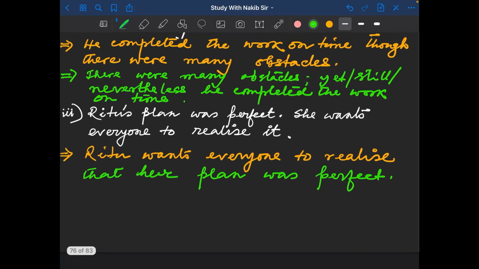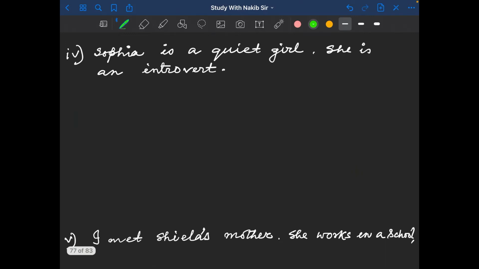Okay, now go to the next question. Sophia is a quiet girl. She is an introvert. So, Sophia is a quiet girl and an introvert, but you cannot use and. So, you can join these two sentences this way.